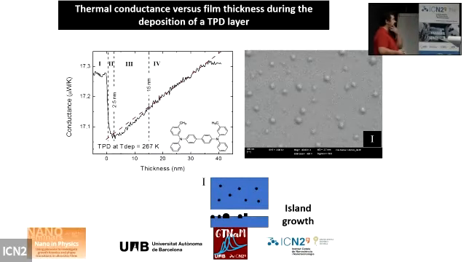This is the first measurement we did, and we got a nice surprise. Here in point 1, you can see we are starting to grow the islands. This is the thermal conductance of the empty membrane. As soon as we start to nucleate the islands on top of the membrane, the thermal conductance of the membrane, instead of growing, starts to decrease.